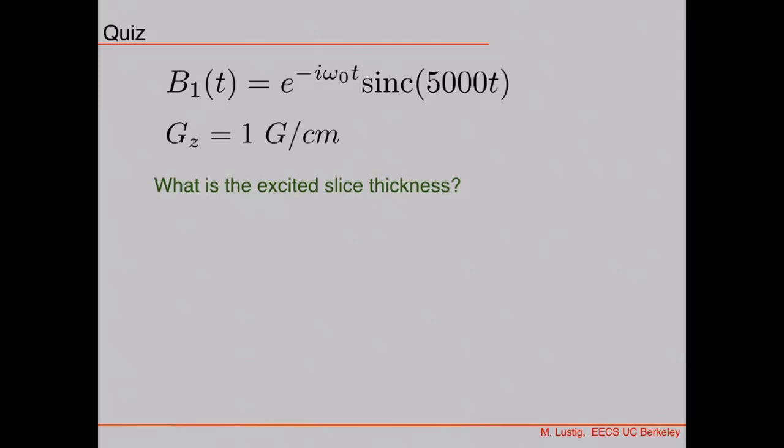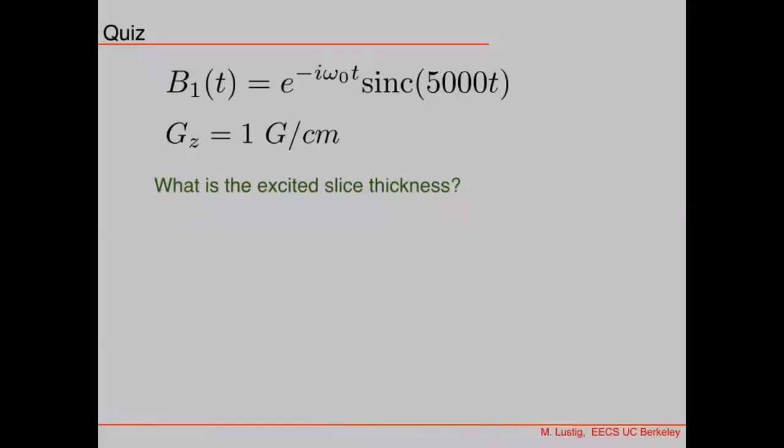Now, what does the sinc pulse do? The sinc pulse has a certain range of frequencies where it has energy. So first, I need to figure out the bandwidth, how wide it is. It's going to be a rect, like the Fourier transform, so I need to figure out how wide that rect is in frequency. If I know how wide it is in frequency, then by looking at GZ, I can map frequency to position and figure out how this bandwidth corresponds to slice thickness. Does that make sense?